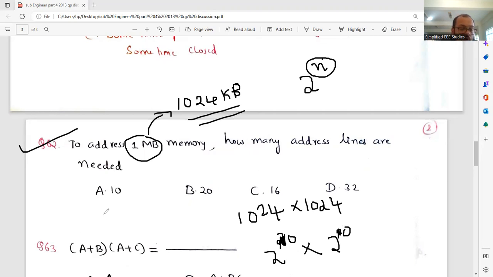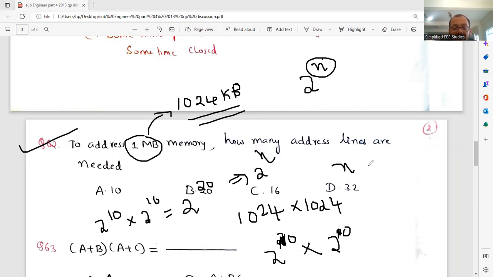So 1024 can be written as 2 to the power 10 into 2 to the power 10. If you multiply, you will get 2 to the power 20. It can be compared with the equation of the number of address lines, 2 to the power n. So n can be compared, and therefore the value of n will be 20. Of course, n is equal to 20. Here, what is the right answer? You can check whether the answer is available or not.